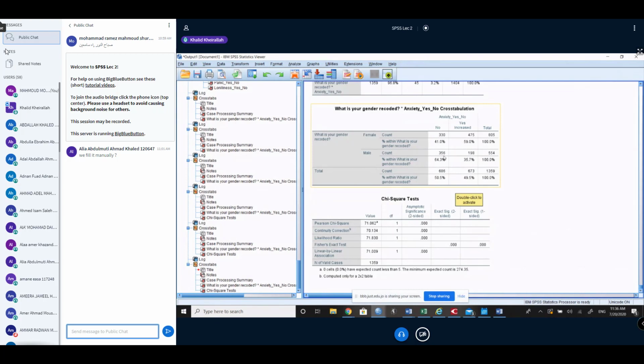The disproportionate distribution within these was not due to chance. So the 59% was actually statistically higher than the 35.7%, and the distribution of participants was dependent on these two things, having anxiety and then gender.